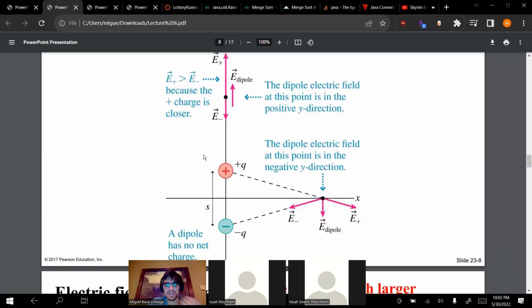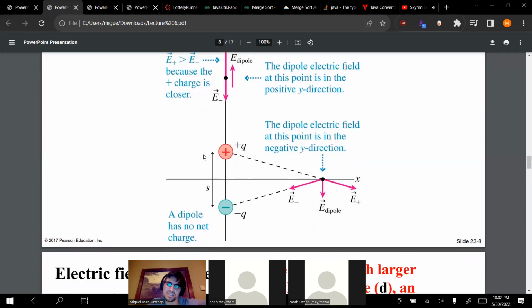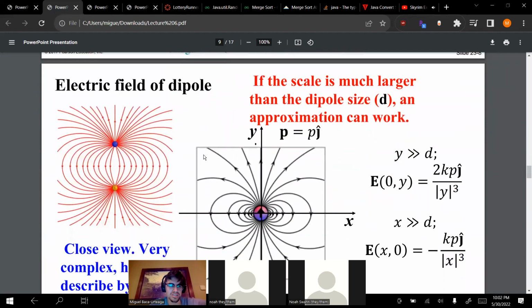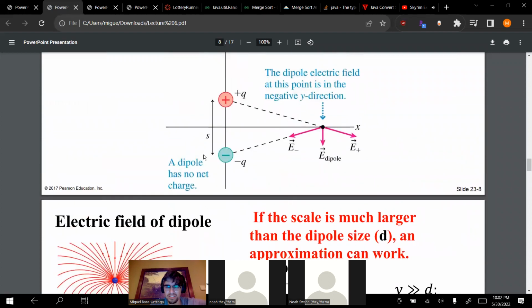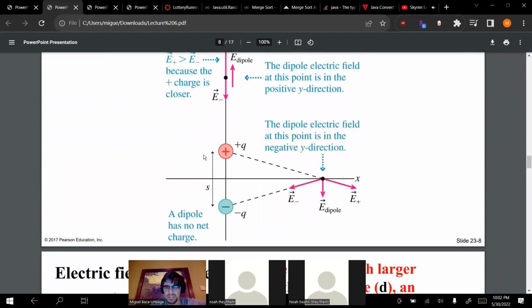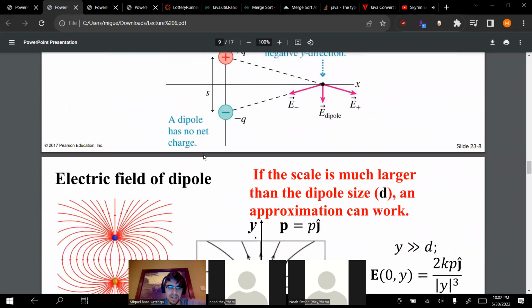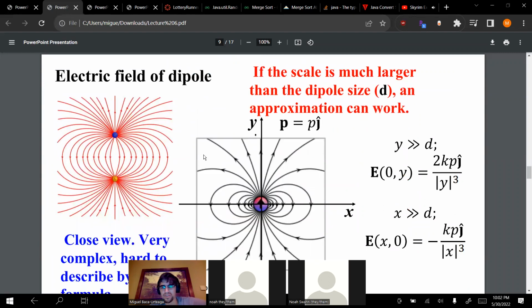This is just the same kind of breaking down the vectors, seeing what the electric field is of this dipole at that position. Yeah, with the same superposition principle and everything, that's all this is. So the positive and the negative are exerting their own electric fields and they're interacting at different points, kind of like this example we're seeing, and they have different direction vectors and everything. So that's how I see it.